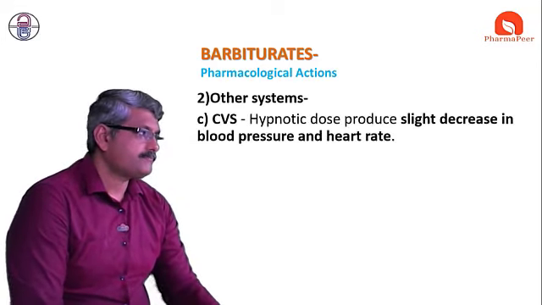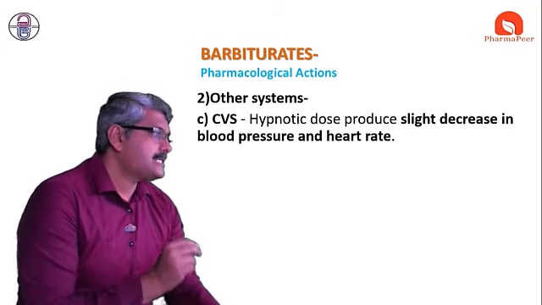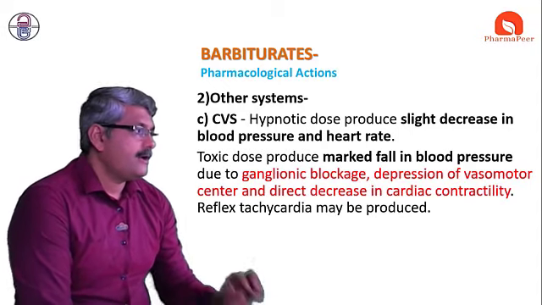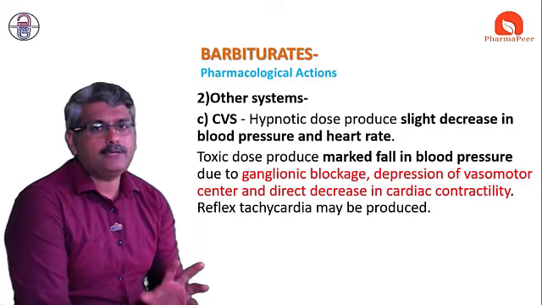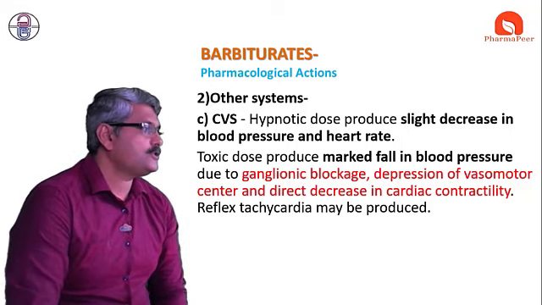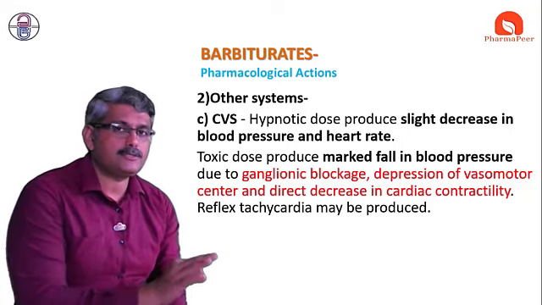Along with this, in the cardiovascular system, hypnotic doses produce a slight decrease in blood pressure as well as heart rate. At higher doses, there is a marked fall in blood pressure due to ganglionic blockade, depression of the vasomotor center, and direct decrease in cardiac contractility.